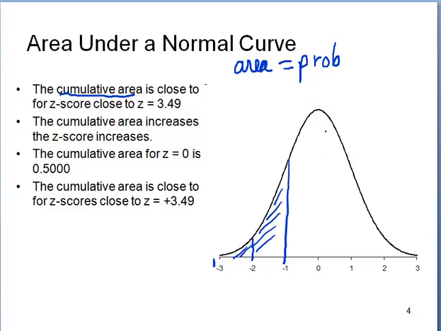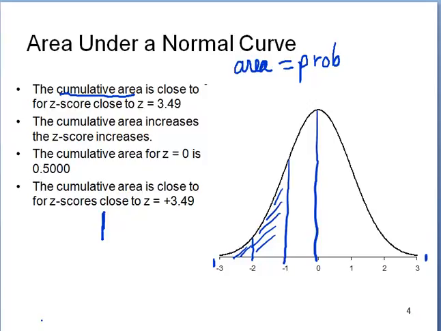As we approach z equals 0, we've approached 0.50, or half the area. As we continue to move on and approach out here to 3.49, we've pretty much encompassed all the area, and the cumulative area is going to be 1.